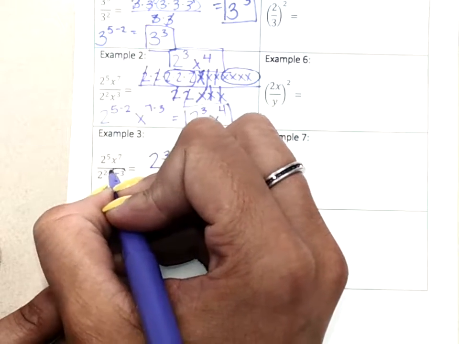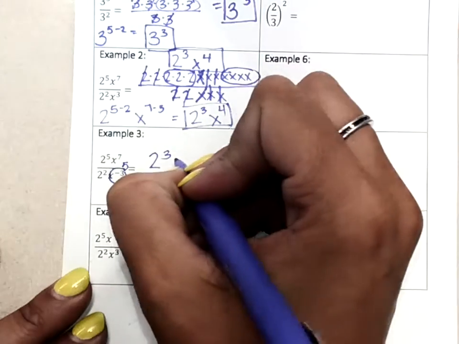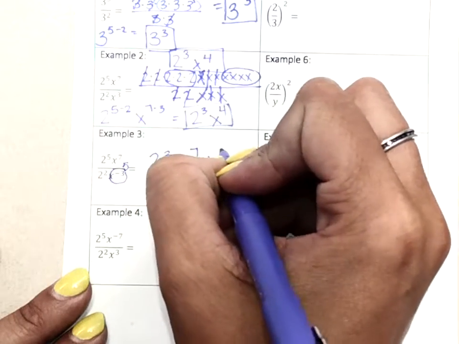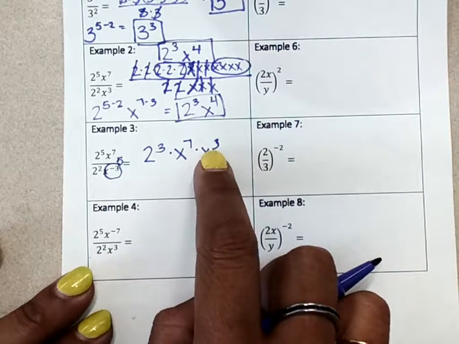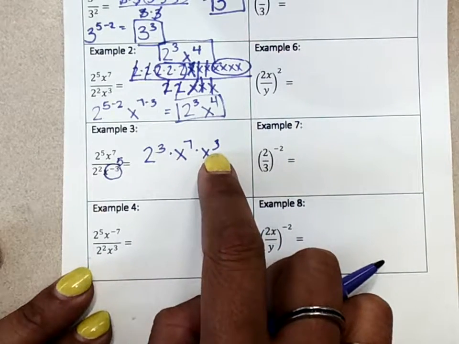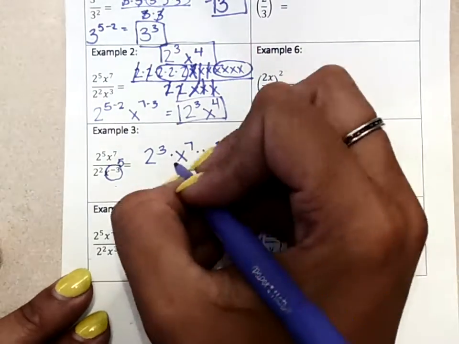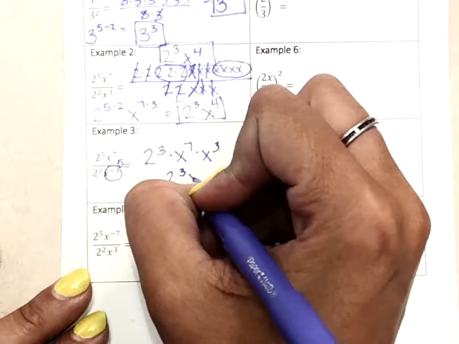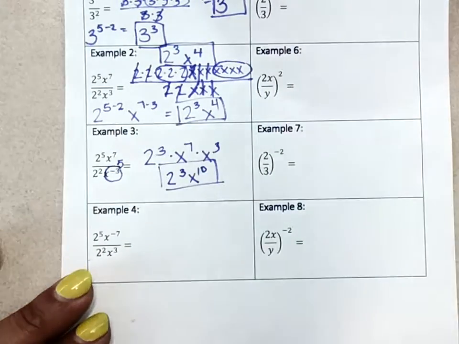If we were to move x to the 3rd to the numerator with x to the 7th, we would then simplify the exponent because it would become positive, and then we could add 7 and 3 and we would get 10. So it would be 2 to the 3rd x to the 10th, and that would be our final answer.